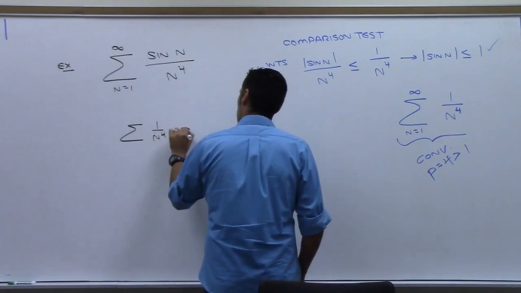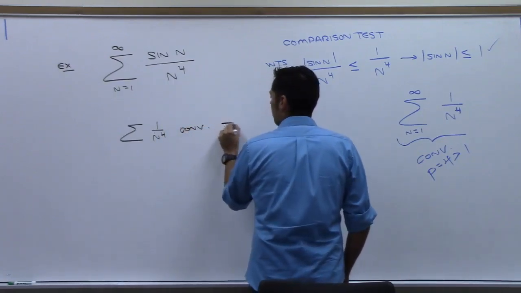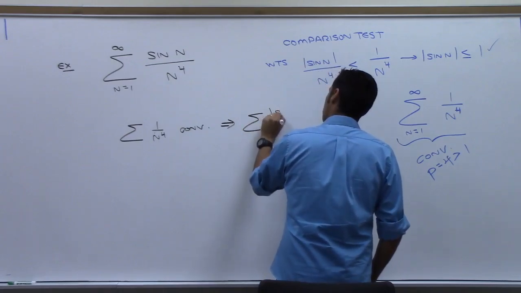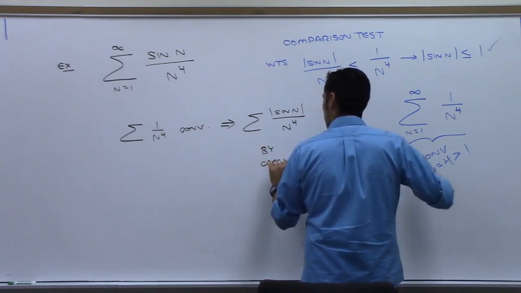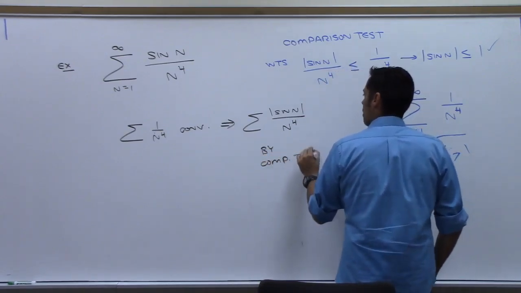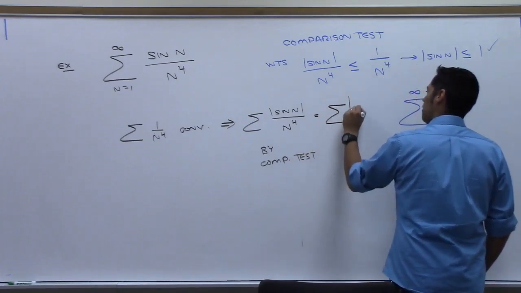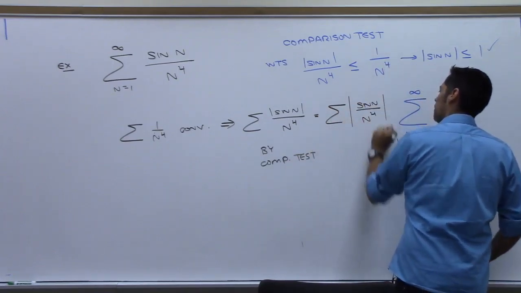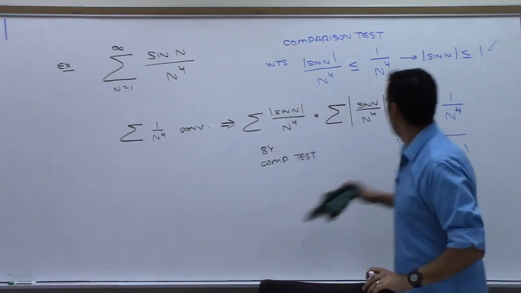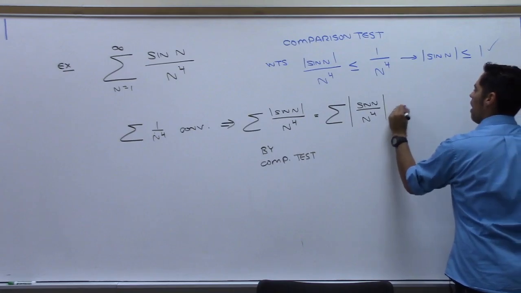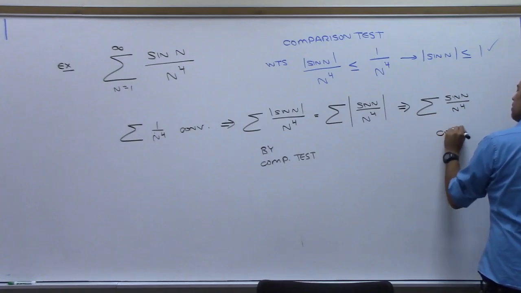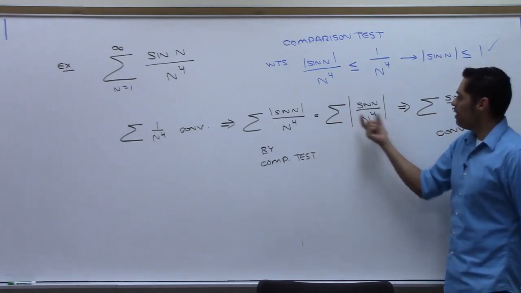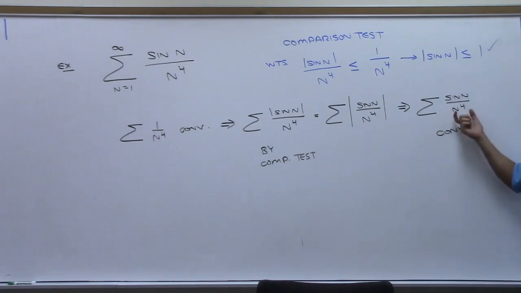The sum of 1 over n to the fourth converges, which implies that this converges by the comparison test, which we showed above, which equals the absolute value of this, which implies that the series converges. Because if the absolute value of the sequence converges, then the series with that sequence converges.